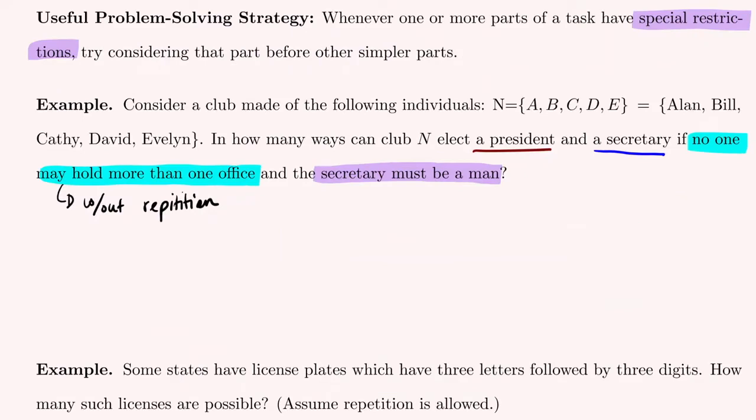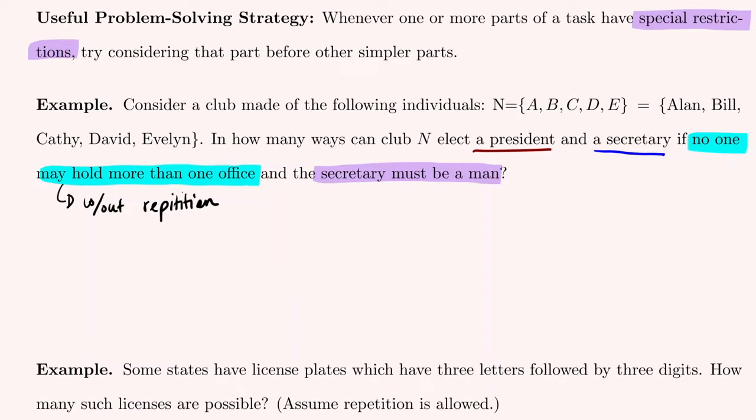So for this particular problem, take a moment and think, how many decisions do I have to make to complete the problem? What would you describe them as? The first decision is picking what? The next decision is picking what? So since we're choosing somebody to be the president and somebody to be the secretary, I would say in general there's 2 different steps.